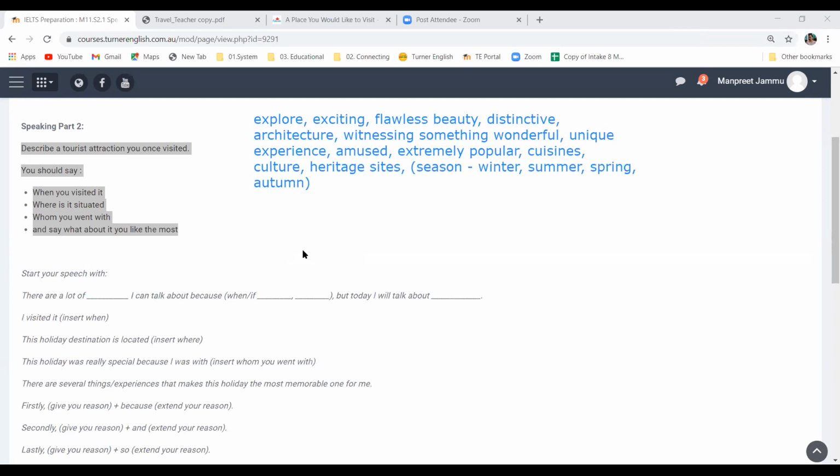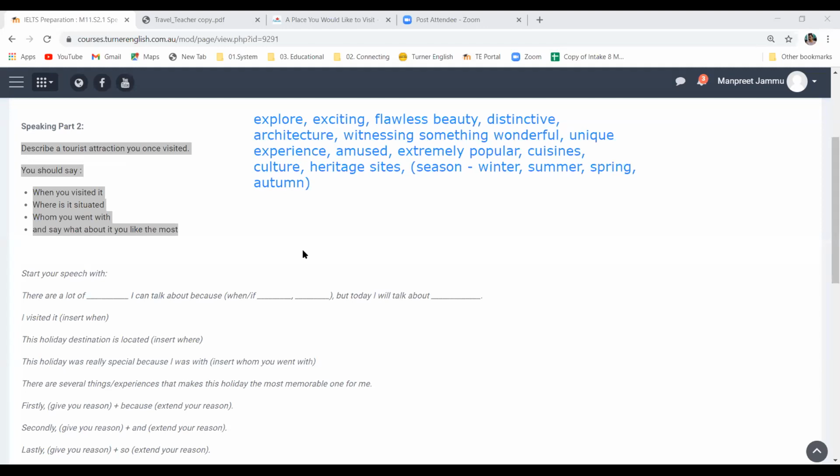So there are a lot of tourist attractions I have visited in my life, but I'm going to talk about a good attraction, which was the St Kilda suburb, which is located in Melbourne, and I went there with my friends. I visited St Kilda suburb mainly because it covers St Kilda beach and Chapel Street.